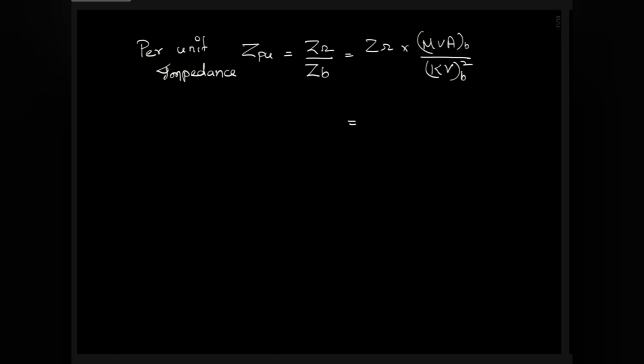If we represent this equation in kVA form, then this will be kVA divided by kV base square into 1000. Okay, sorry, divided by 1000.